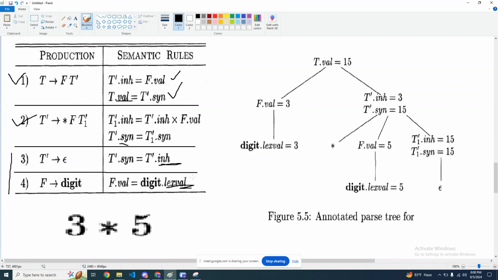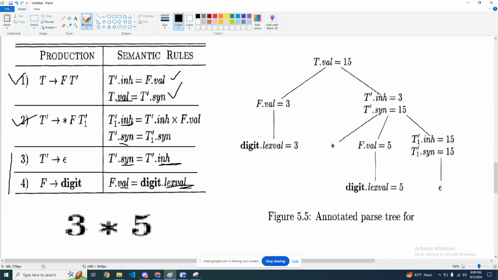Because it is not being calculated, but it is directly fetched from the symbol table where the values are set. So lexical value is basically your synthesized attribute. So SYN is your synthesized attribute. This VAL is your synthesized attribute. The only inherited attribute is INH.